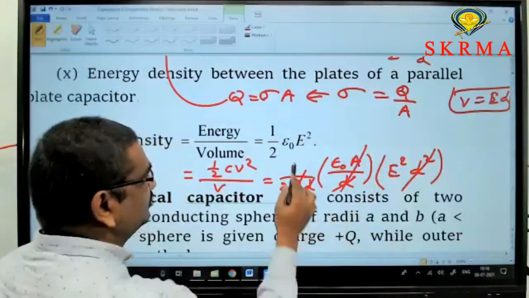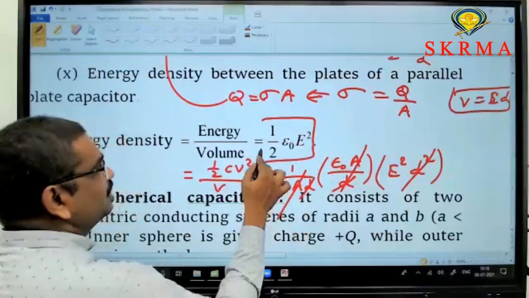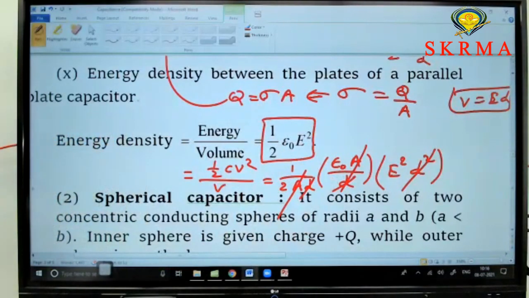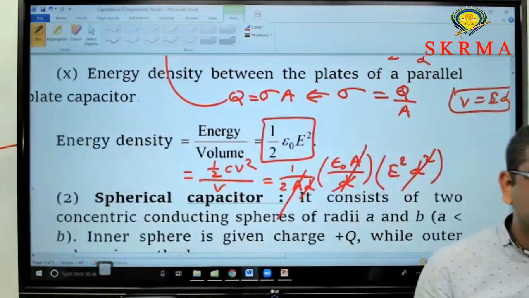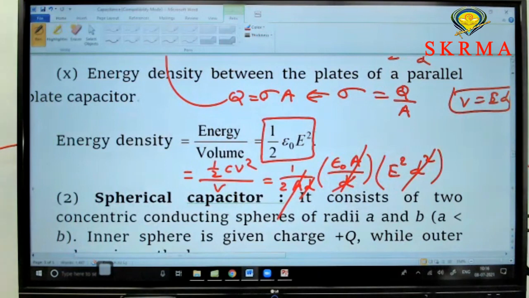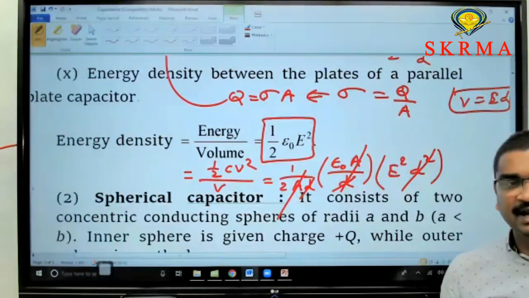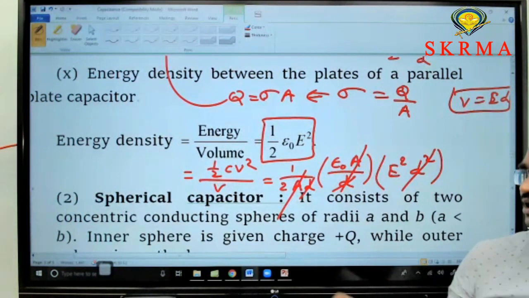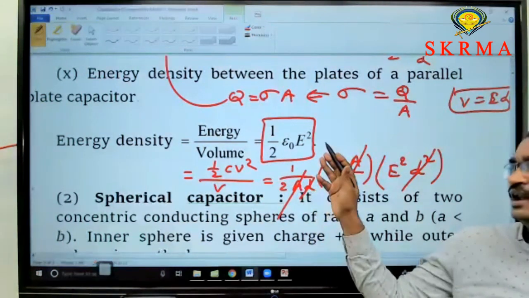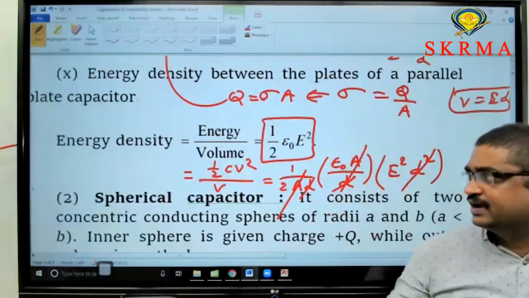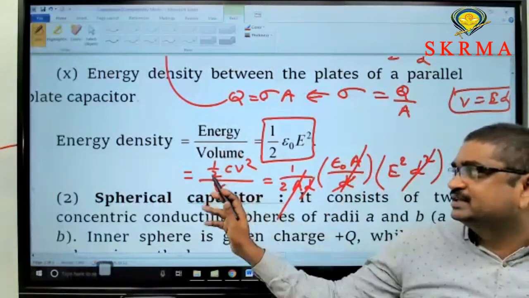Area will get cancelled out. What is the remaining part? Only half epsilon naught E square. This is the important equation that is called energy density, in terms of electric field. Energy density formula is there in terms of magnetic field also. Energy density in terms of electric field is half epsilon naught E square. From where did we get this? Energy by volume. What is the energy formula?